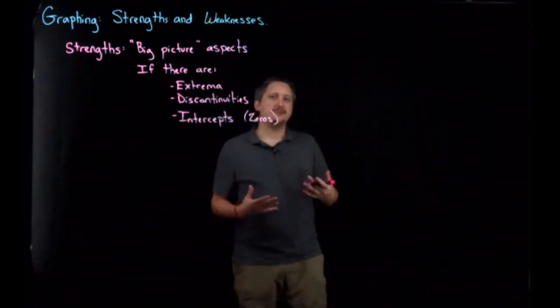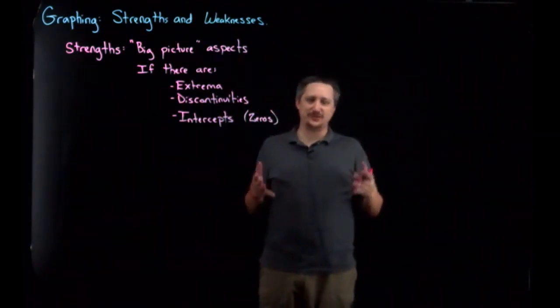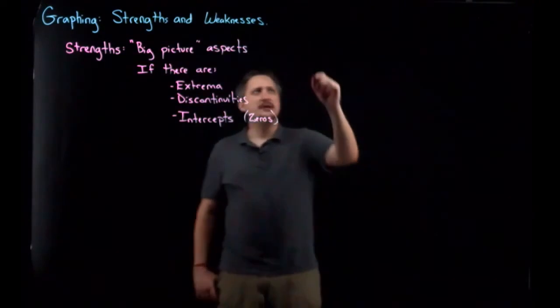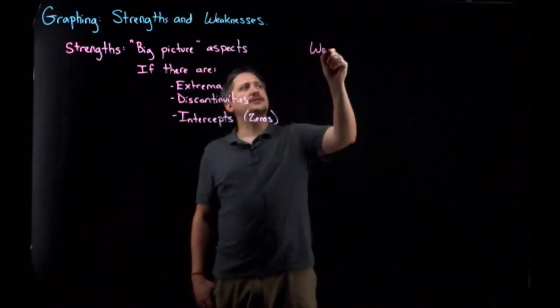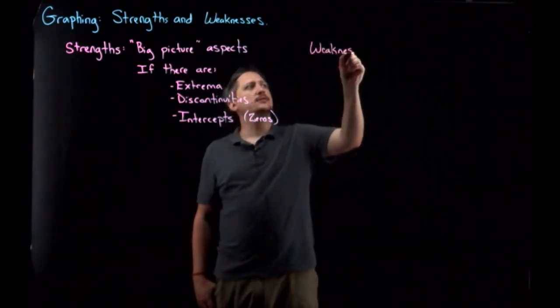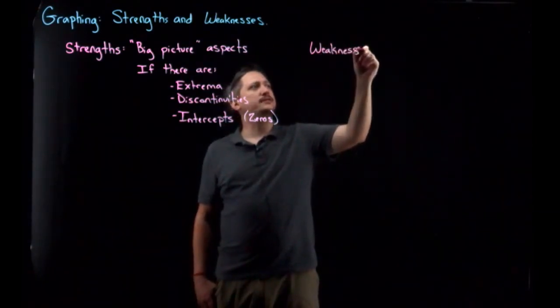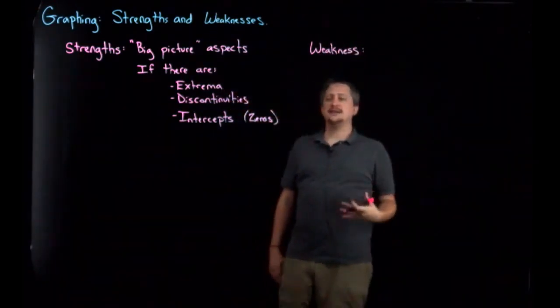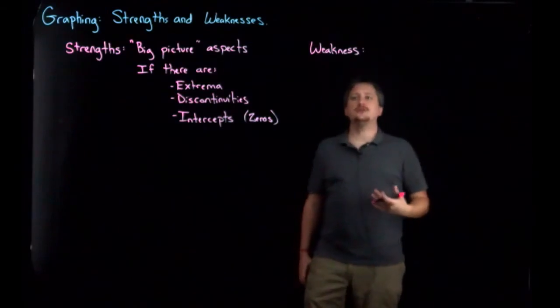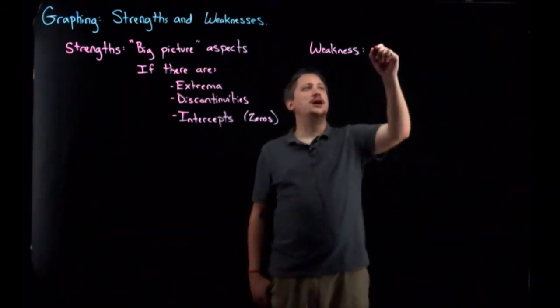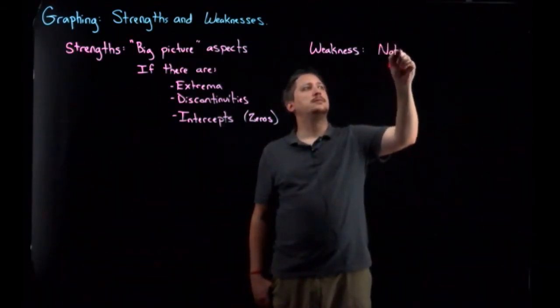But, and this is a pretty big asterisk, the weakness of graphs is something that I've been harping on a lot lately, which is that graphs are inherently not precise.